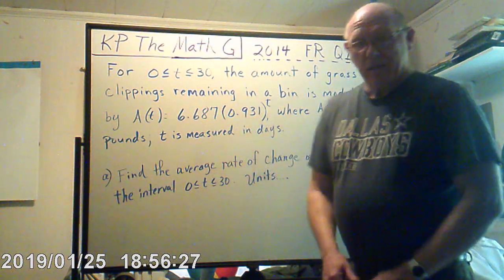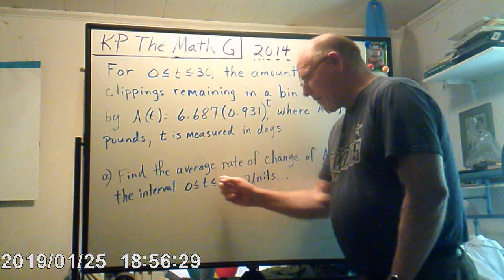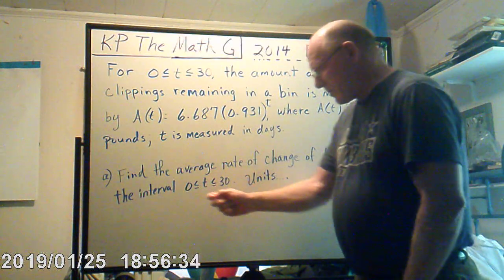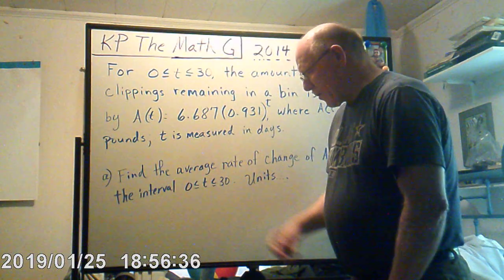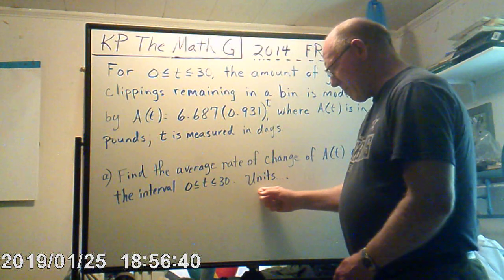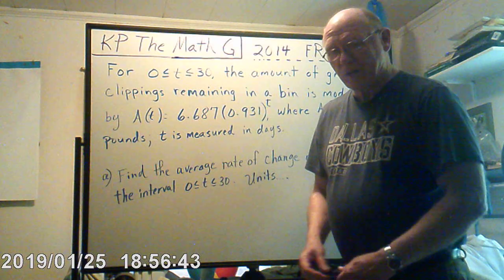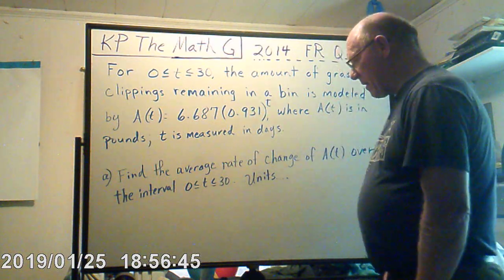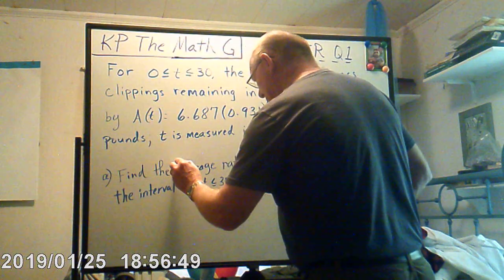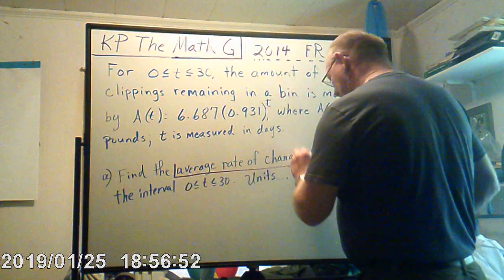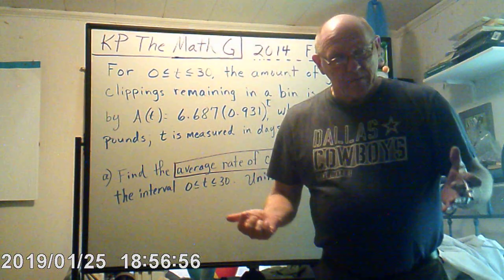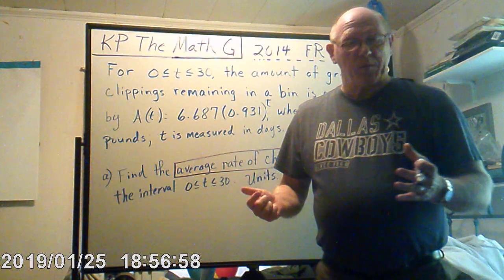The first question says, find the average rate of change of A at T over the interval T between 0 and 30, including 0 and 30. Proper units are required, of course. So the average rate of change, that's slope.